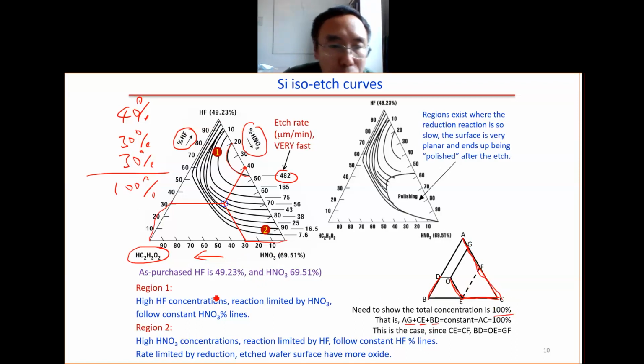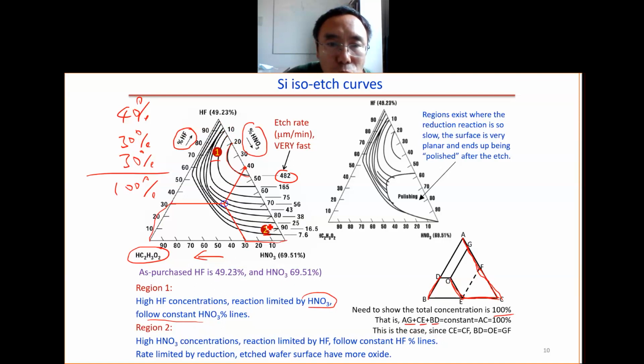So there are region 1 and region 2. In region 1, with high HF concentrations, the reaction rate is limited by the nitric acid concentration. This will follow a constant nitric acid percentage line. You can see here, constant nitric acid 10%, like this.